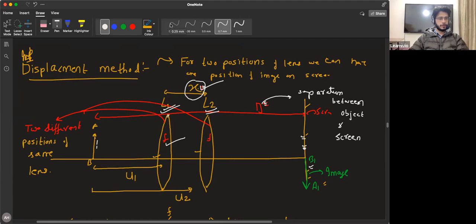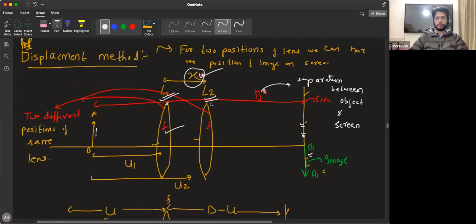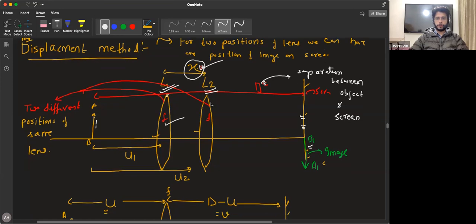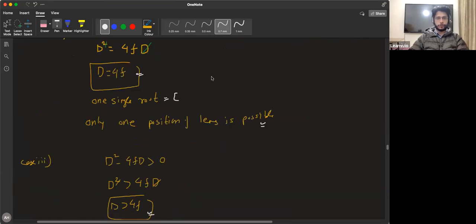I'll change the slide. Written? Yes. Okay. So now I have to go through the definition.